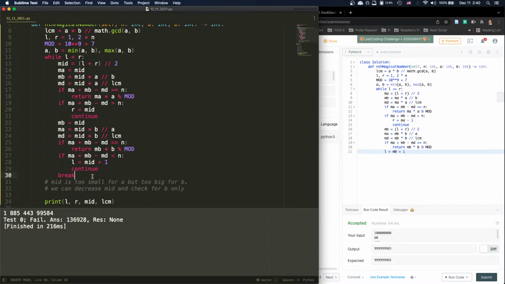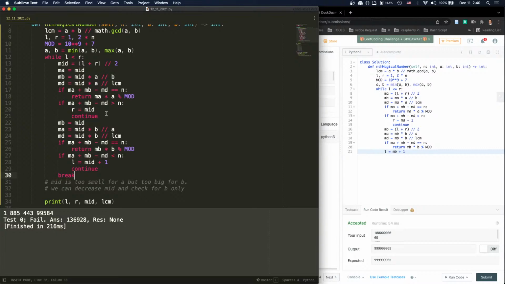Oh. So what does this find? What does this find? This will find something, right? If it's too big here, then we need to go. So it's too small, right? Too small.